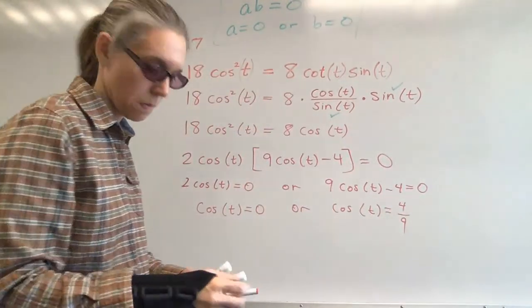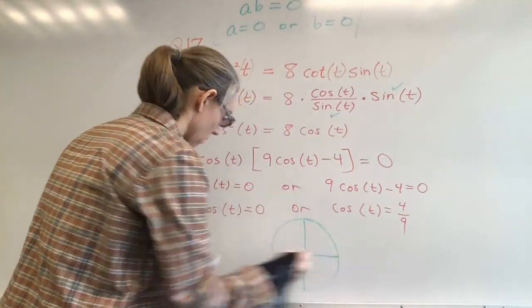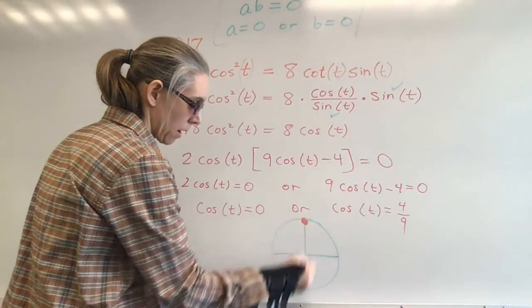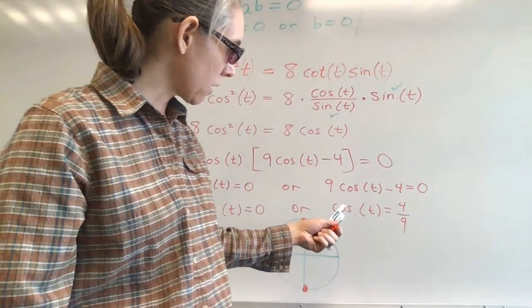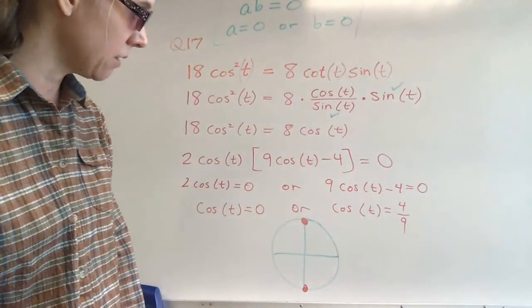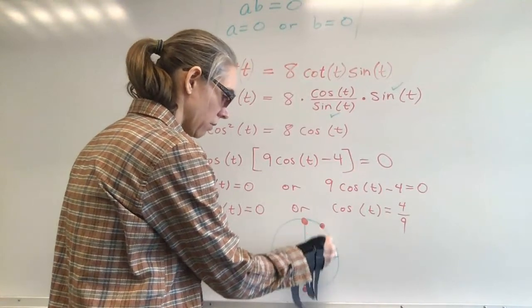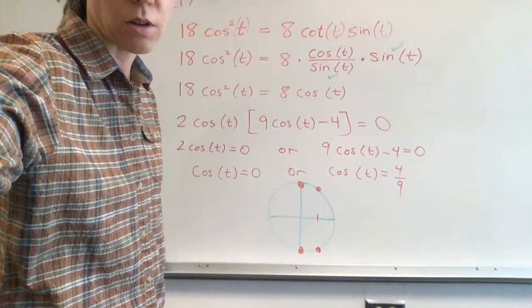So now we draw our circle. Cosine is equal to 0 at pi halves and 3 pi halves. And then cosine of t is equal to 4/9 at some value in the first and the fourth quadrant. And we don't know what those values are.